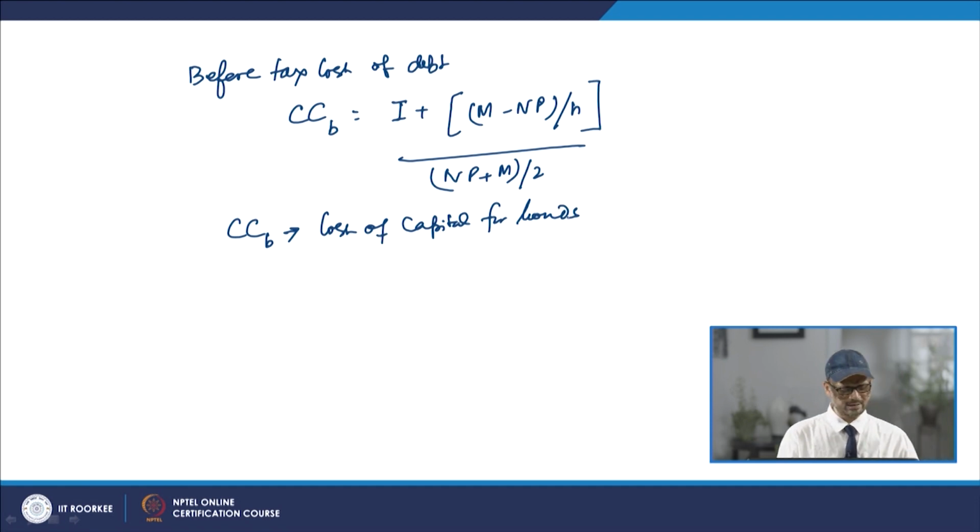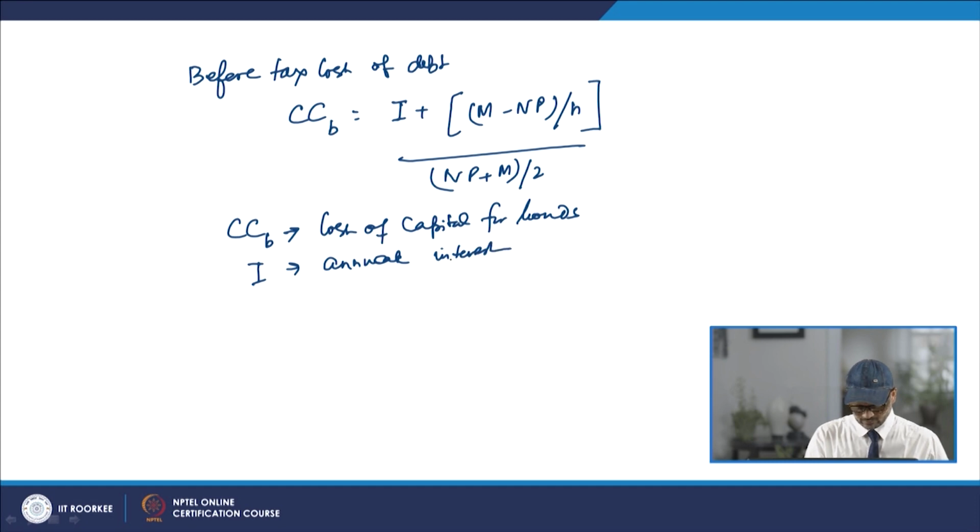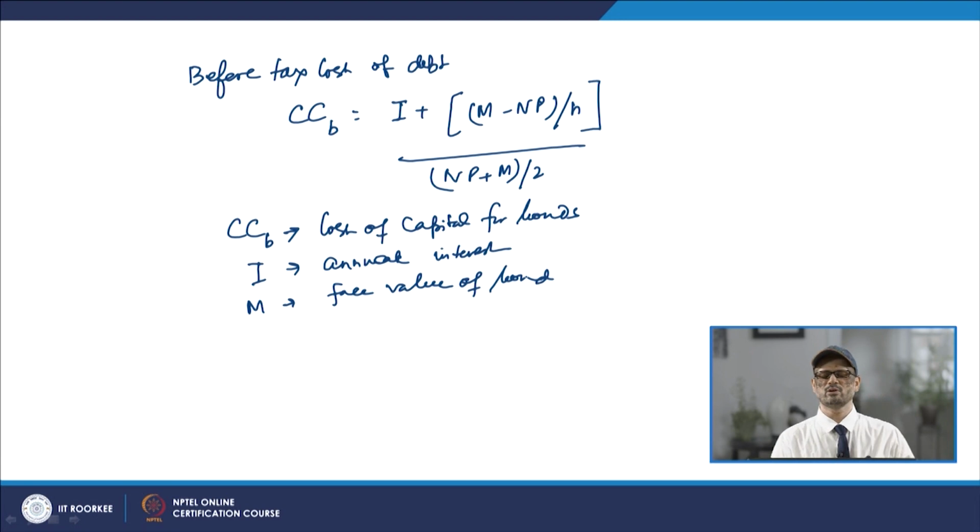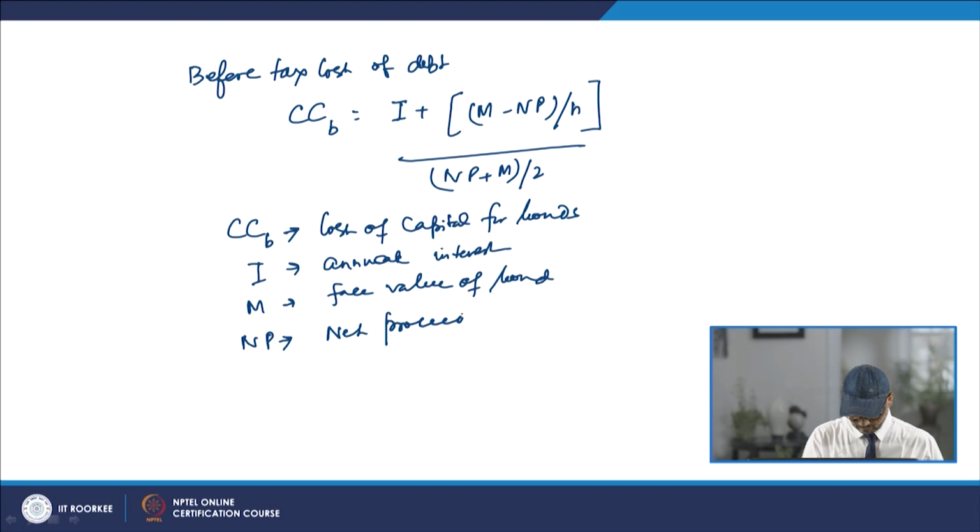I is the annual interest, and M is the face value of the bond. Similarly, NP is the net proceeds.